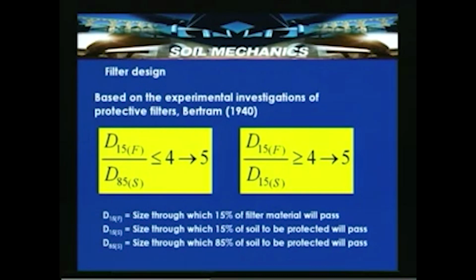So, these are the definitions for the symbols used in these two expressions, where S is the soil to be protected and F is the filter material. So, D15F to D85S should be less than or equal to 4 to 5, which is for criteria number 1, and for satisfying criteria number 2, D15F to D15S should be greater than or equal to 4 to 5.